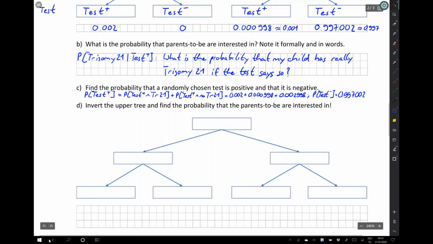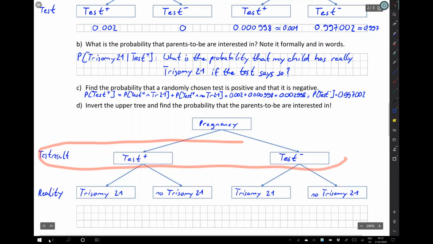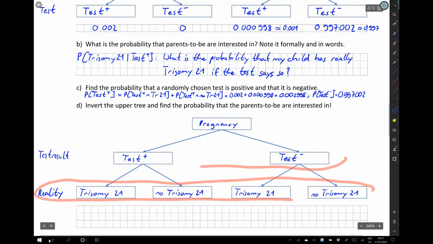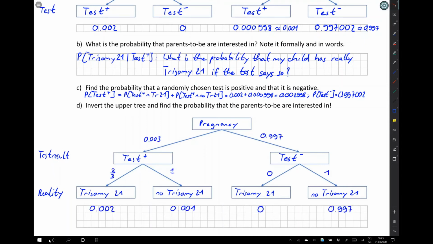Stop the film, and the result comes here. The first level of the tree is now the test result, and the second level is the reality. Now complete the probabilities into the tree, so all the branches and also the probability of the leaves. Again, stop the film, and here comes the result.